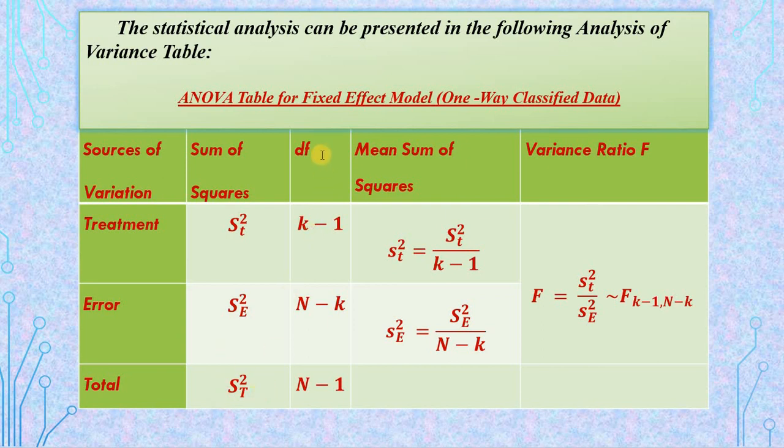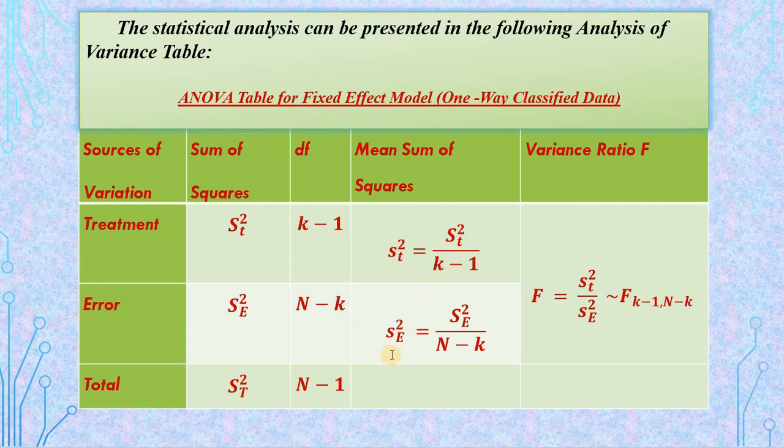The third column is the degrees of freedom. For the treatment, the degrees of freedom is k minus 1. Degrees of freedom for error is n minus k. And degrees of freedom for total sum of squares is n minus 1. Then mean sum of squares for treatment, s_t square, is equal to sum of squares due to treatment divided by k minus 1.